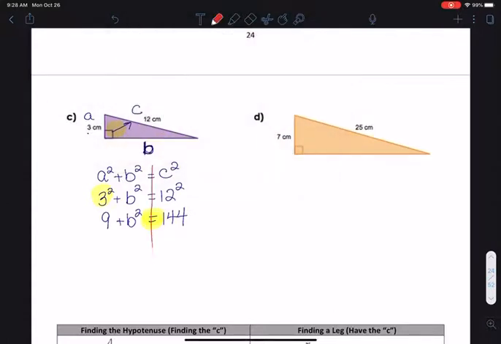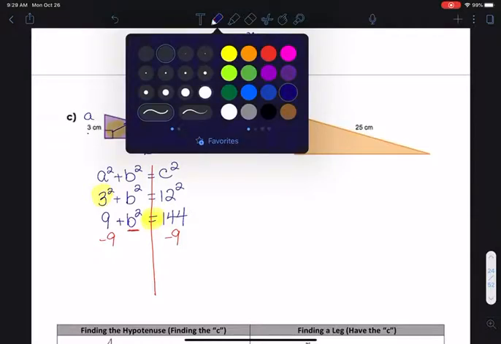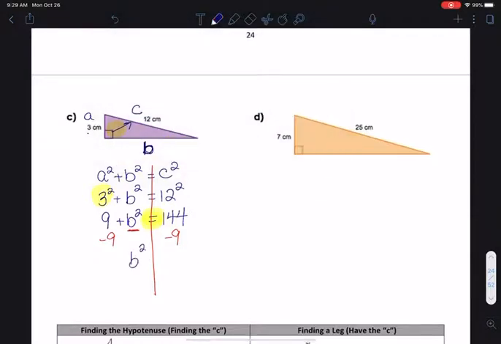I'm going to put a line down this. Looking at the left-hand side, I'm solving for b squared. I want to get rid of that 9. It's being added on, so I'm going to subtract 9 from both sides. And when I do that, I get b squared by itself equals 144 minus 9, which is 135.